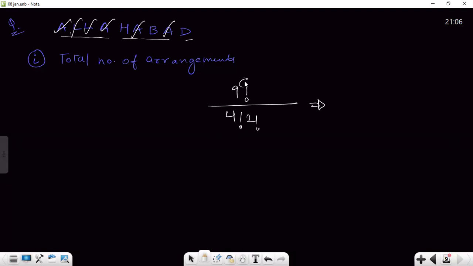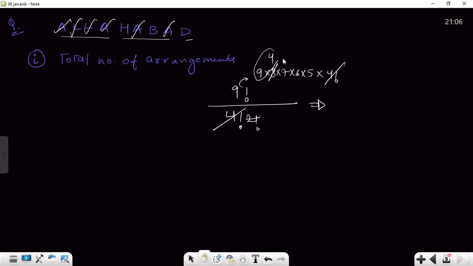9 factorial can be further written as 9 into 8 into 7 into 6 into 5 into 4 factorial. 4 factorial cancels 4 factorial. 2 factorial is 2. So 9 cancels, 2 cancels 8 by 4. Let's find the total.